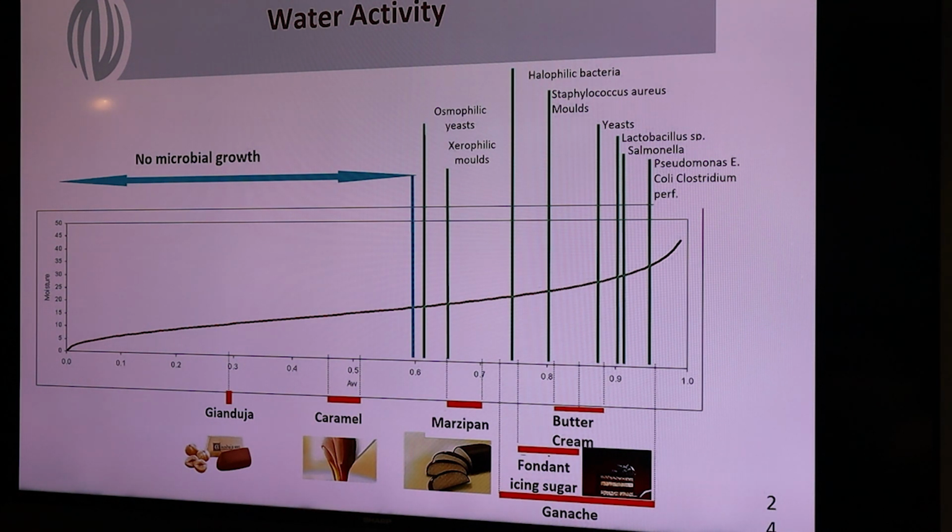Yeah. What I see in those cases, they add some alcohol in marzipan as a preservative. So they add it to avoid those kind of things.